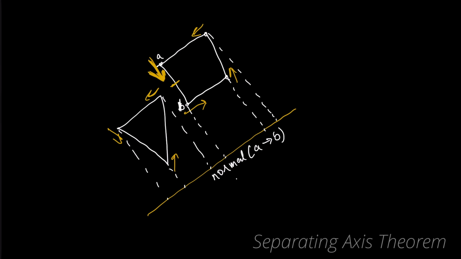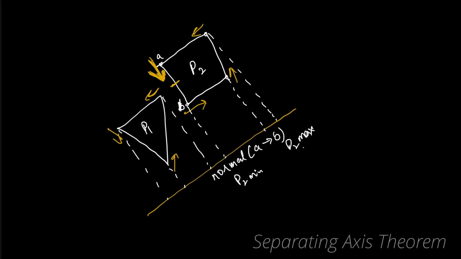So let's say this polygon is P2, this is P1, right? For P2, you need to say P2 min and P2 max, right?